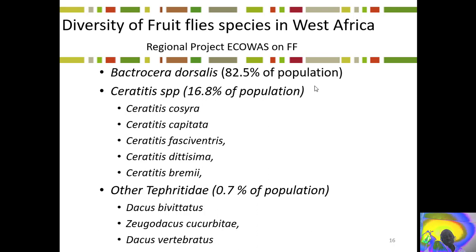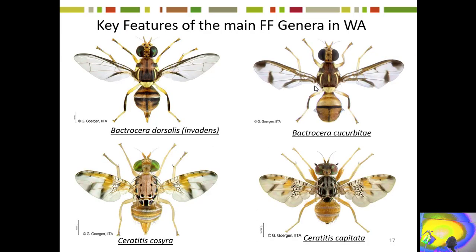We see that they make up to more or less 17%. If you add the two together, we have 99.3% of the whole population, leaving the rest to the Tephritidae, 0.7% of the population.